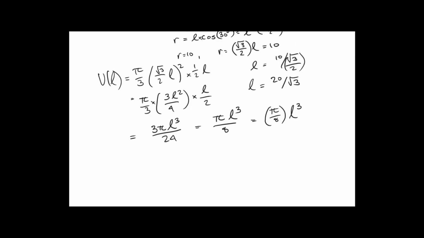Okay. So now we're going to tie all of these equations together. So change in volume with respect to time is going to be change in volume with respect to L times change in L with respect to time. And that's what we're trying to look for.